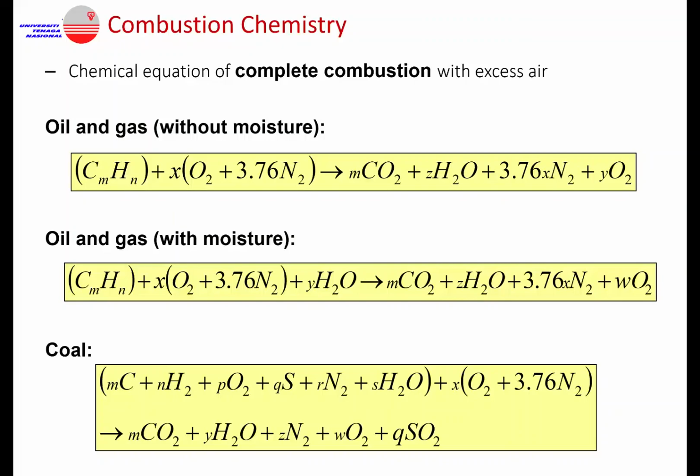When you supply excess air, bear in mind that not all the oxygen contained in the air is used for combustion. If the amount of air you supply is too much, it will absorb all the heat that is produced, and you are operating in an inefficient manner.